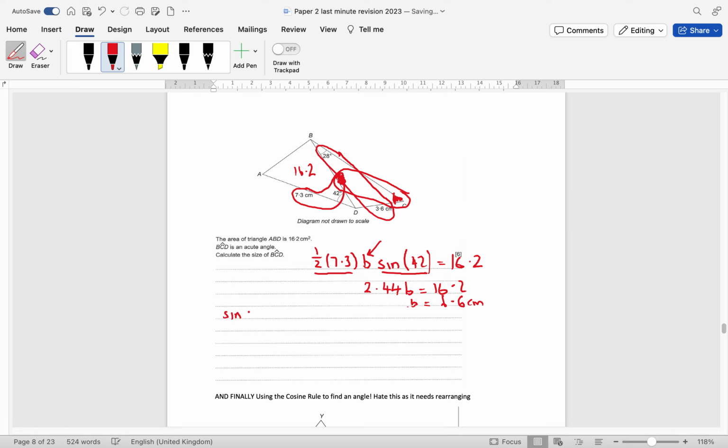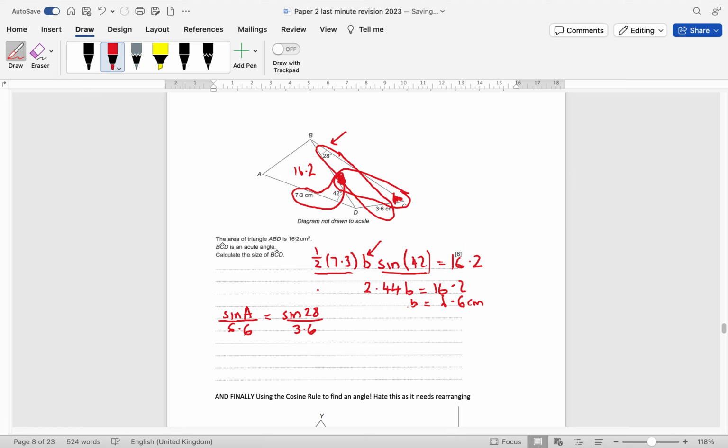So I'm going to put sine A over 6.6 equals, and then for my complete pair, sine 28 over 3.6. So if you're using the incomplete pair to find an angle, put the angles on top.